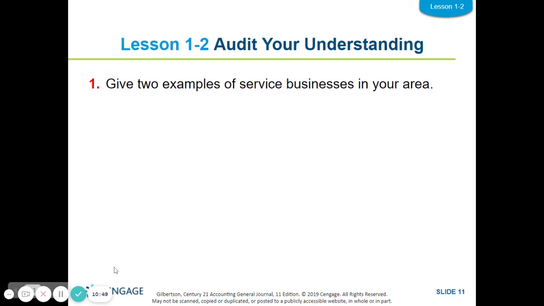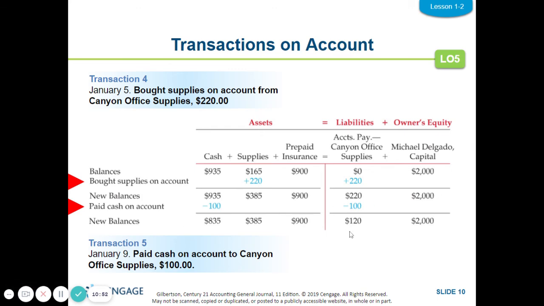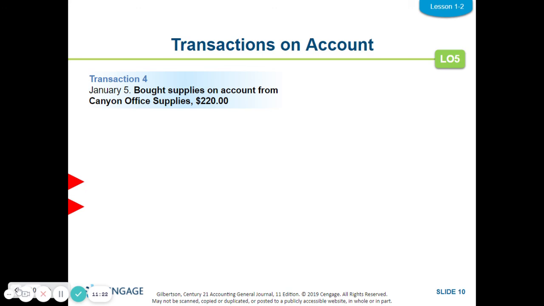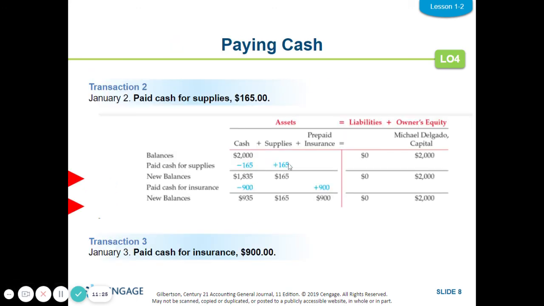So I want to go back here and talk about a couple of rules. If you look at these as we go through, we basically have 4 rules. We're going to talk more about these and keep repeating them. The first one is every transaction has at least 2 accounts that are affected. The second rule is that if the 2 accounts affected by the transaction are on the same side of the accounting equation, one goes up and one goes down.